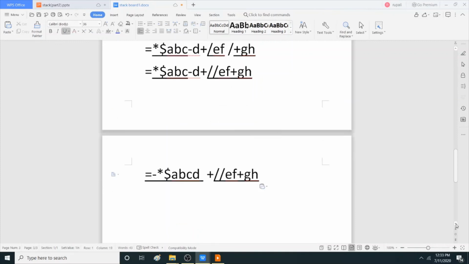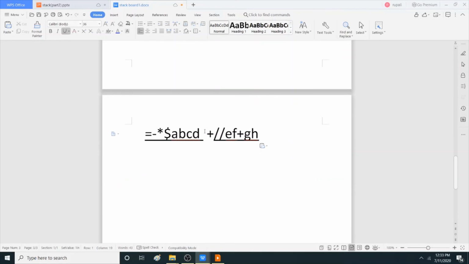Now, see, imagine this one is one operand, this one is another operand, this one is another operand, this one is another operand, this one is one operand, this one is another operand. In between these two there is plus.